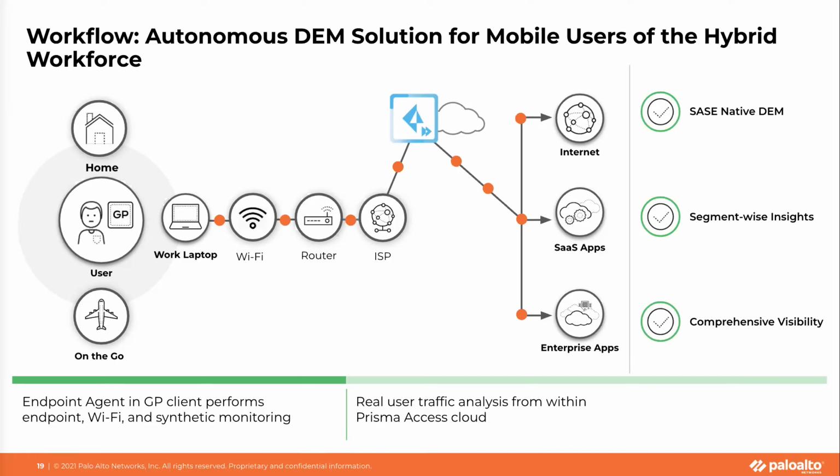Prisma Access agents are automatically installed within a Prisma Access region where the end users are located. Additional data is collected regarding the Wi-Fi, and you can create specific synthetic and application tests for your end users and the apps they use. I will talk about how we can create tests in upcoming slides.